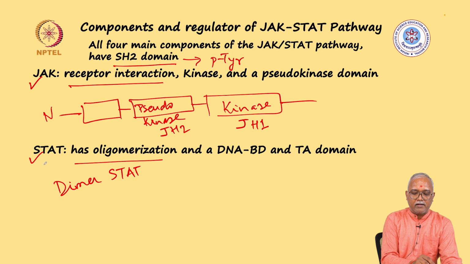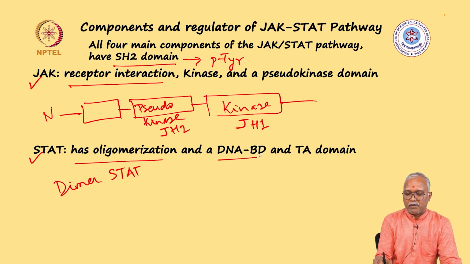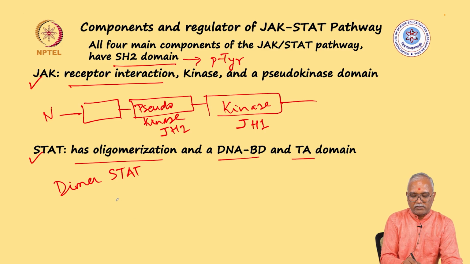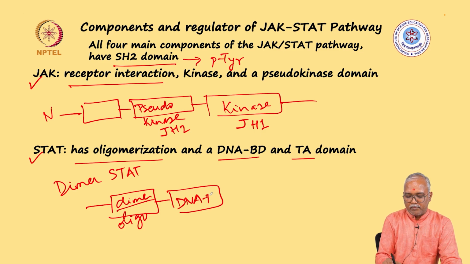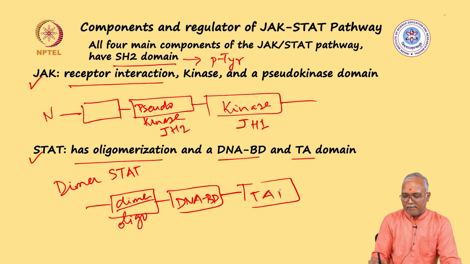So, a STAT also has this SH2 domain and a DNA binding and transactivation domain. So, basically it will have a dimerization, oligomerization domain, then you have a DNA binding domain and a transactivation domain, if I can say TAD.